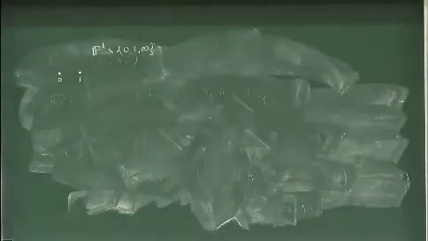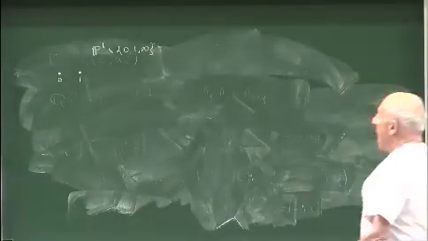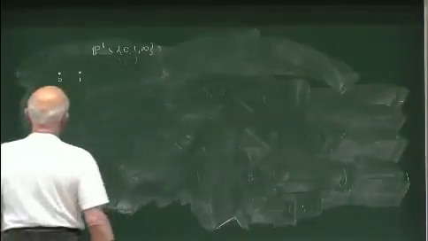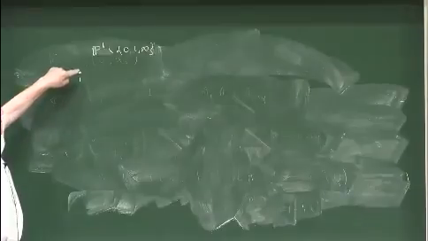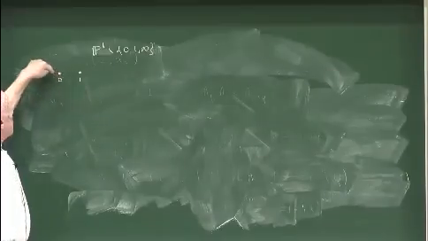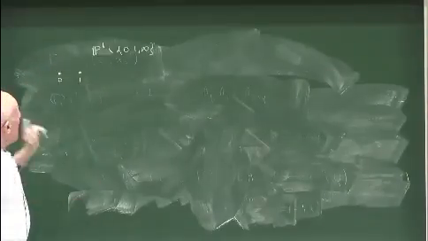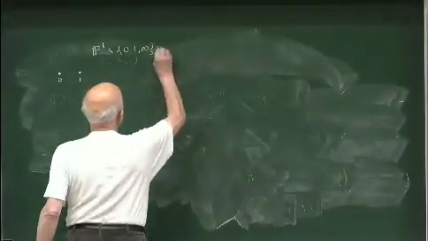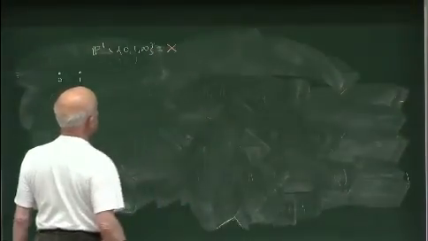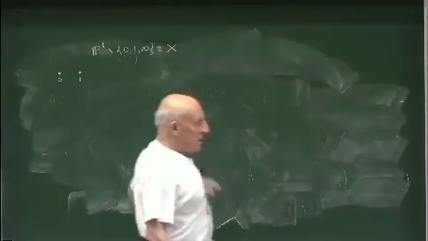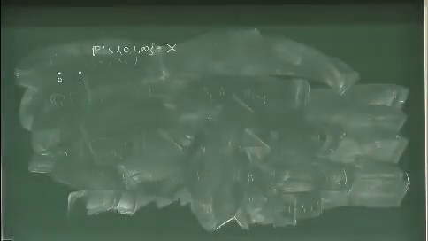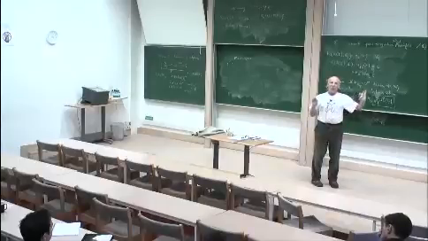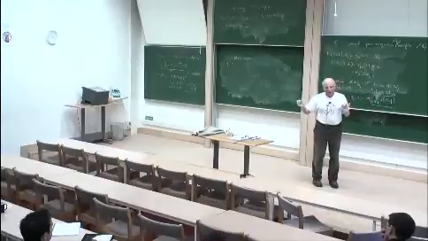Or if you want, the affine line minus 0 and 1, which is the same. I would like to consider the homotopy around 0, the homotopy around 1, and the path from 0 to 1. But the small difficulty is that I want to consider the space X where 0, 1, and infinity have been removed, and I'm looking for paths going from one point outside to one point outside.